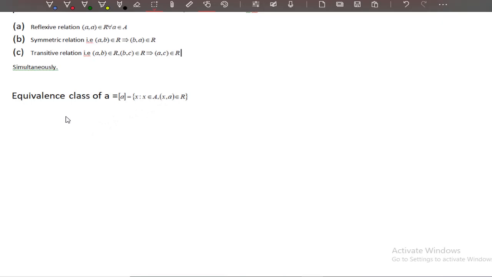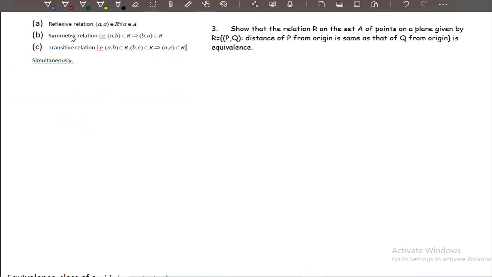Let us take one case. Let the relation R be defined on the points. Okay, this is one more problem. You should read first how the relation is defined.